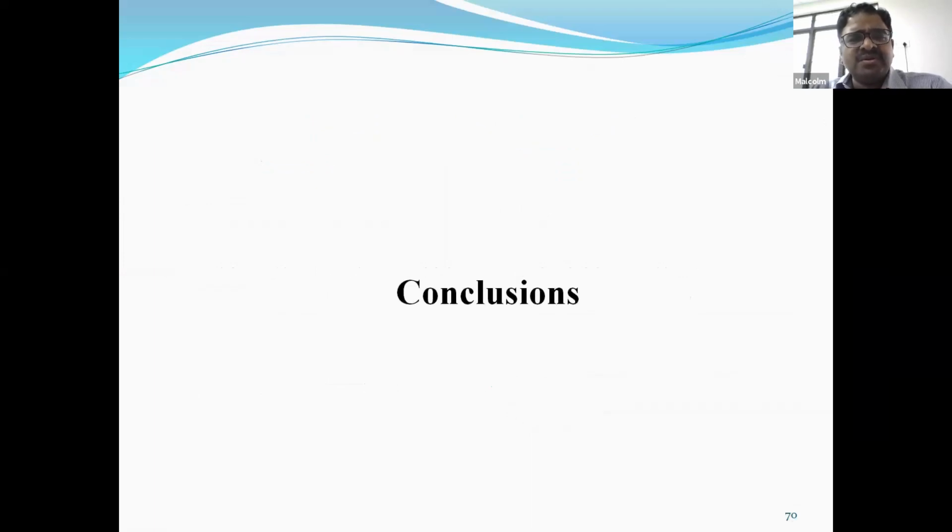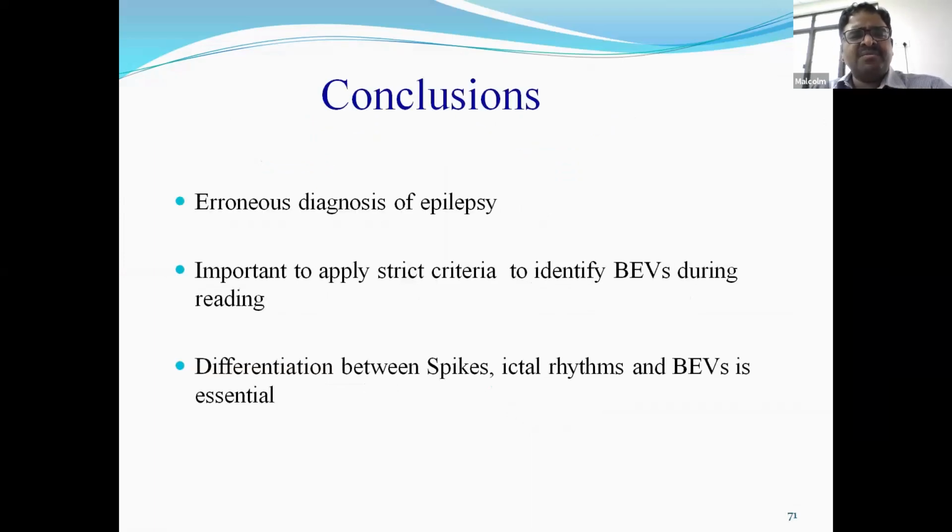So with this, I would like to conclude this talk, and I would say the last 3 points. Many times, identification of benign epileptiform variants as interictal epileptiform discharge leads to an erroneous diagnosis of epilepsy. It is important to apply strict criteria to identify benign epileptiform variants during the reading. And differentiation between spikes and ictal rhythms and BEVs is extremely essential.